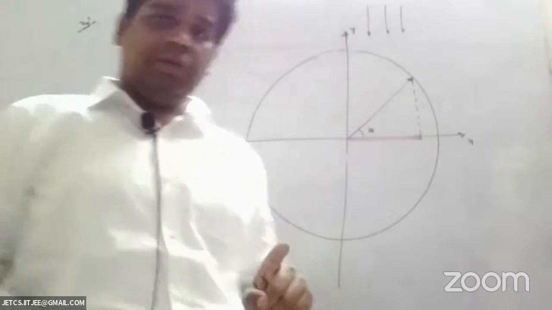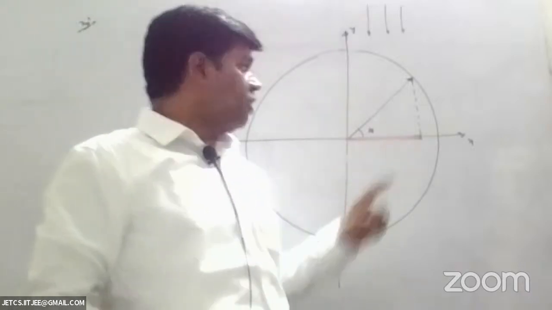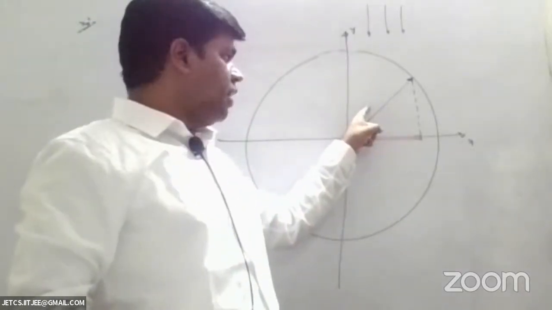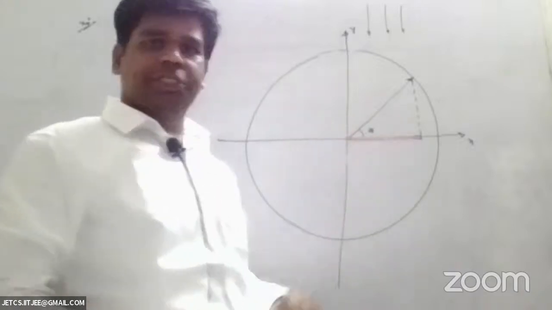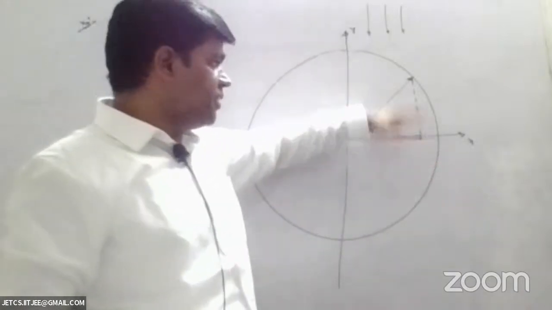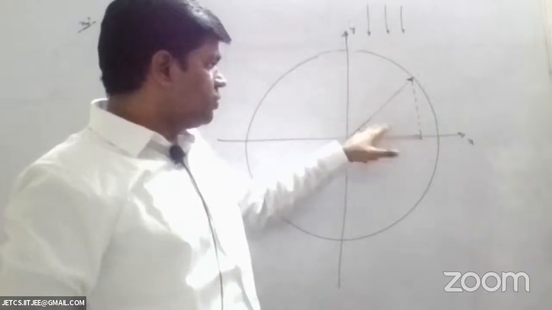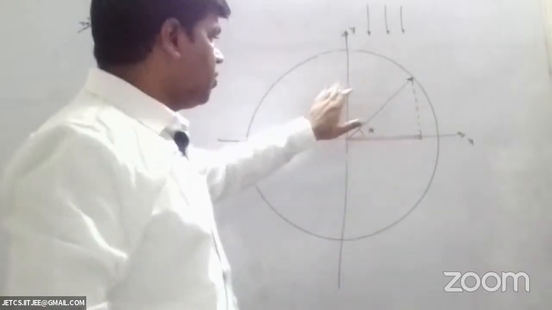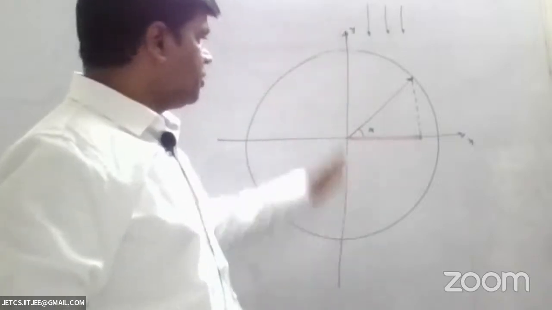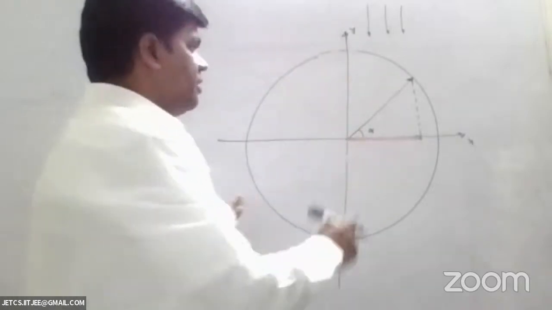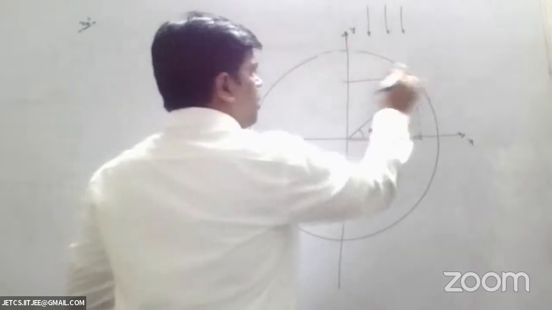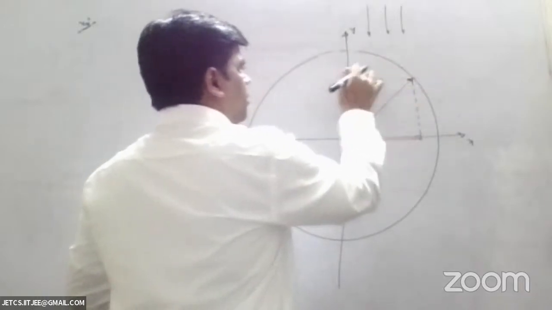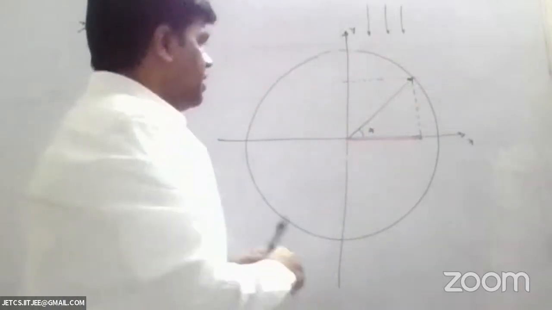So what is cos? The shadow or the component of the radius along the line from which alpha is measured. Alpha is measured from here, so this is called cos alpha. The shadow of this radius on the vertical line, along the vertical axis, is sine alpha.